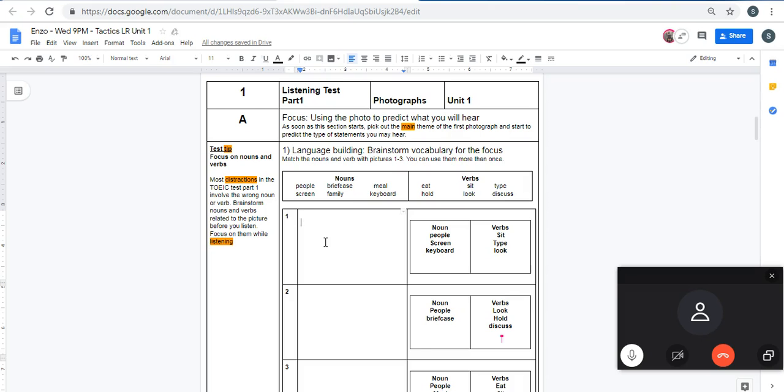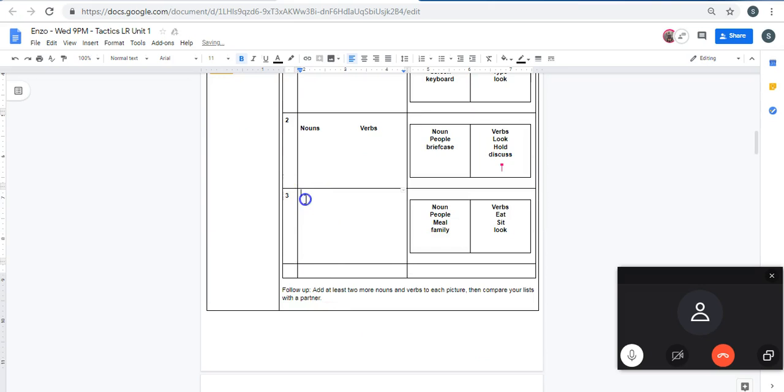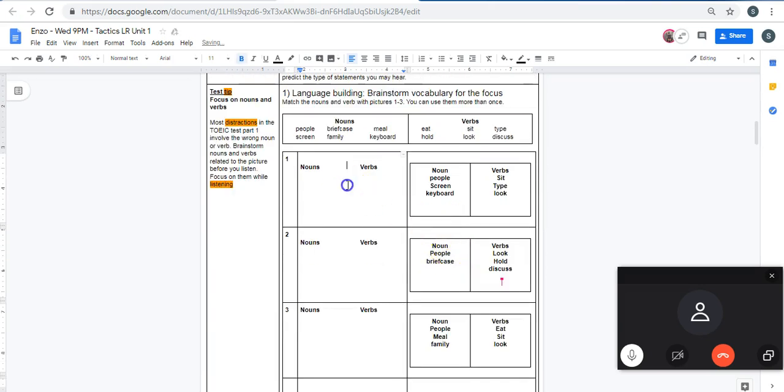I'm just going to pull up my timer here.